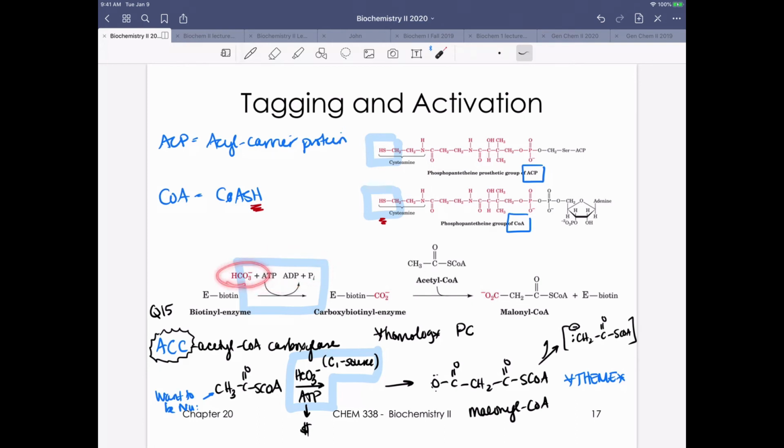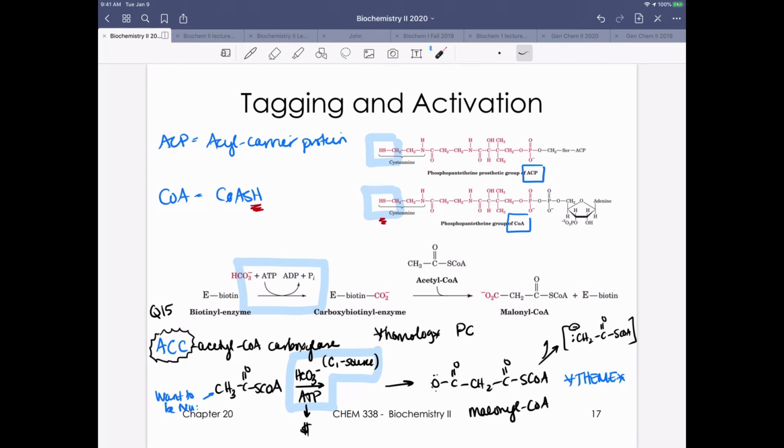Bicarbonate is going to be the source of the carbon, but we need to pay a toll, so we need to have some ATP involved. So this whole activation process is basically acetyl-CoA carboxylase taking acetyl-CoA, the required vitamin B7, and then bicarbonate and ATP for money, and generating what we call malonyl-CoA.